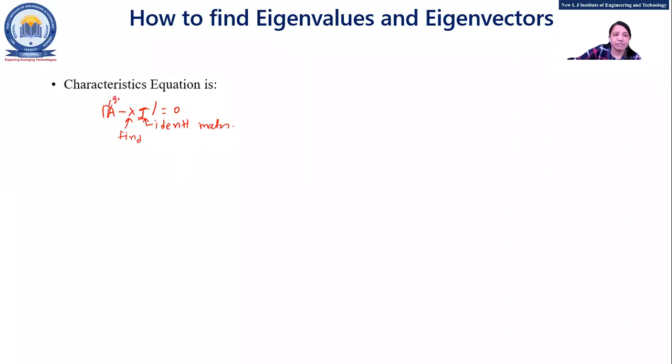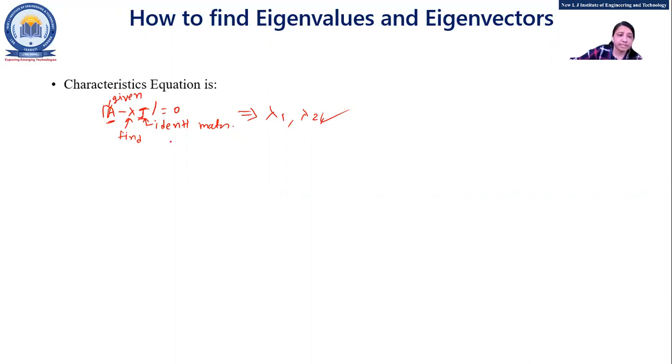A is a given matrix, so using this equation we can find lambda. It may be possible that you will have more than one lambda, depending upon the size of the matrix. For example, right now we have two values of lambda, lambda 1 and lambda 2.